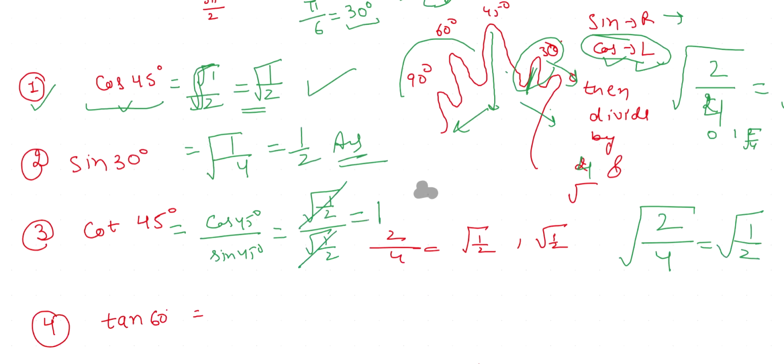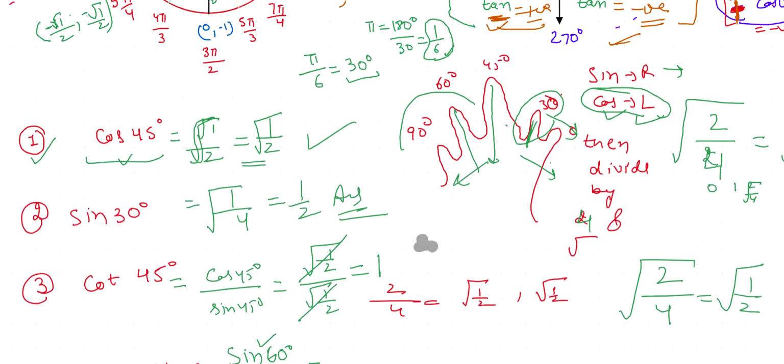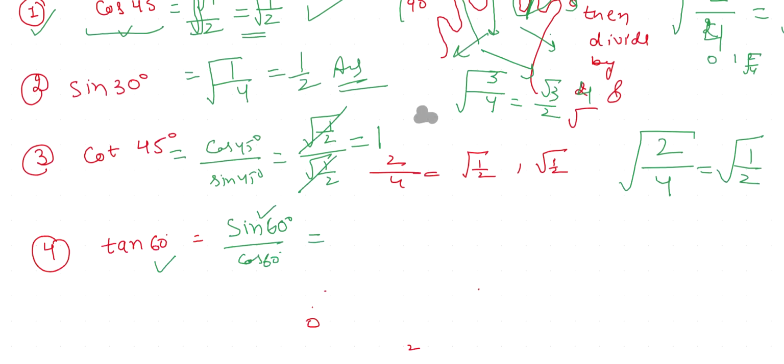Similarly, you can also find the value for tan 60 degree. For this, tan 60 degree is equal to sine 60 degree upon cos 60 degree. And what is the value for sine 60 degree? Here is the 60 degree. How many fingers on the right? 3, divided by 4, then take the under root, that is under root 3 by 2 for sine 60 degree. And what is it for cos 60 degree?